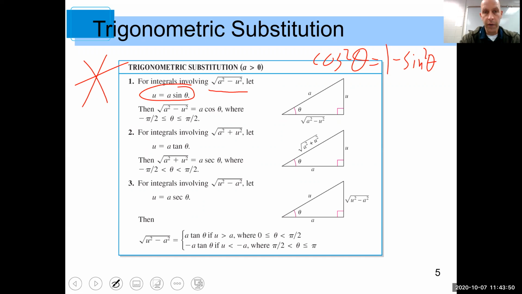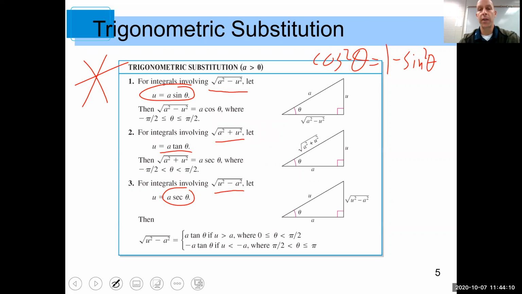If you look carefully under the square root, you'll see that there's a constant squared minus a variable term squared. If I have a squared plus u squared, you're going to use tangent. And if you have u squared minus a squared, then you could use secant.